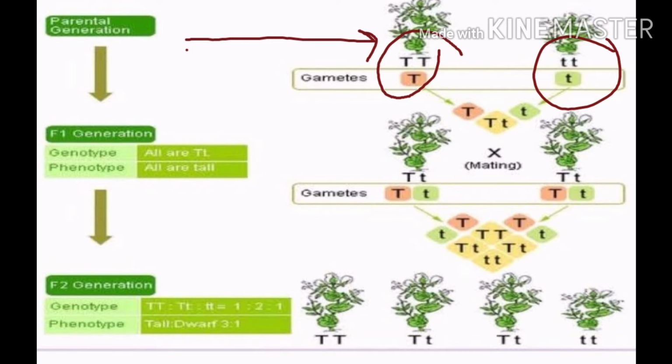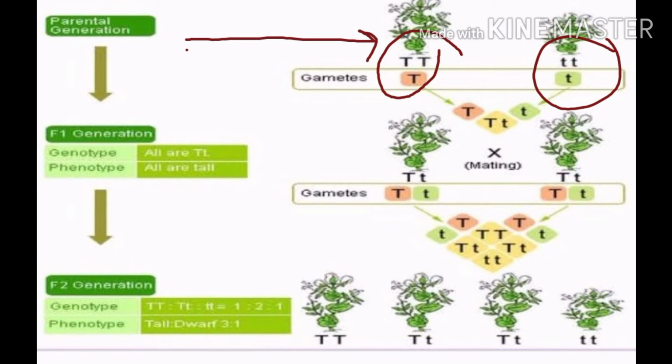You can see here that the offspring produced in the F1 generation have the phenotype tall, meaning all plants were tall, and their genotype is capital T, small t.